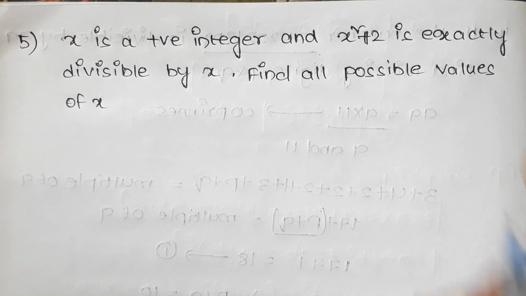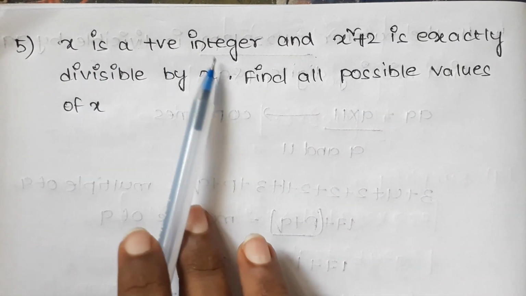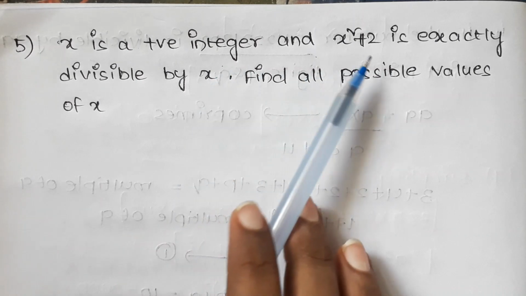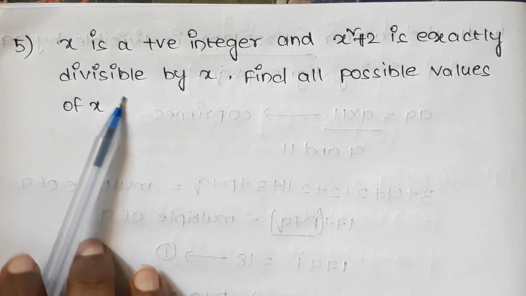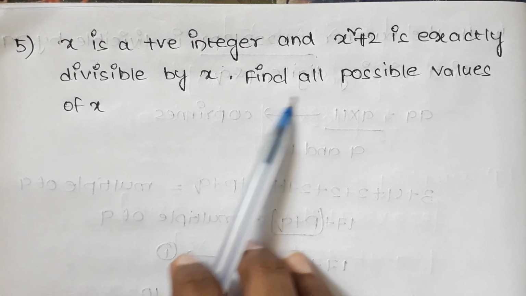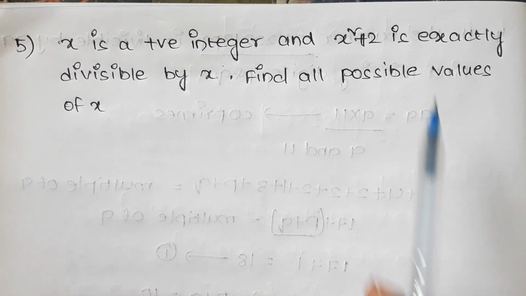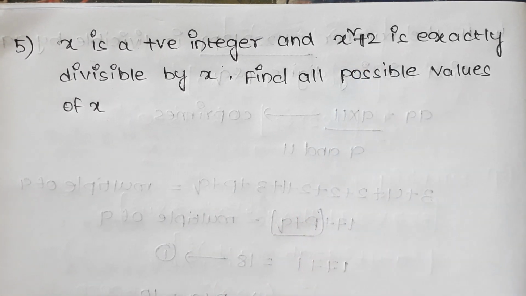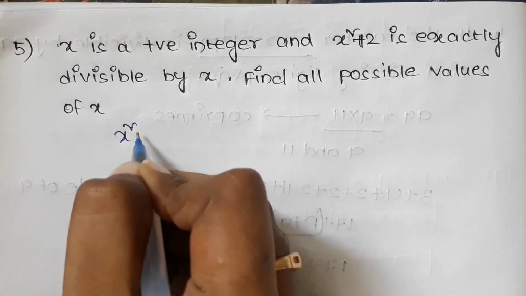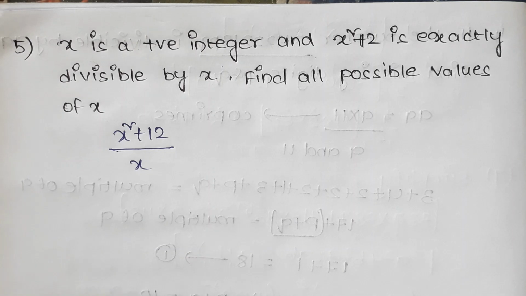And now here is another question: x is a positive integer and x square plus 12 is exactly divisible by x, find all possible values of x. Here it is given that x square plus 12 is exactly divisible by x, and x is a positive integer.